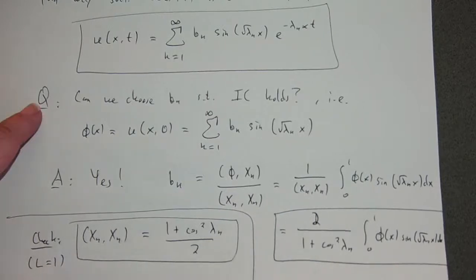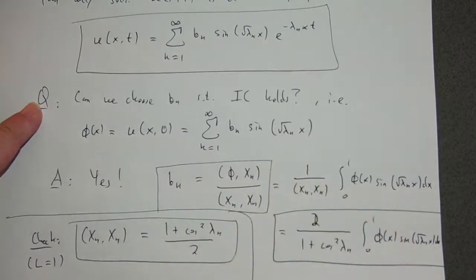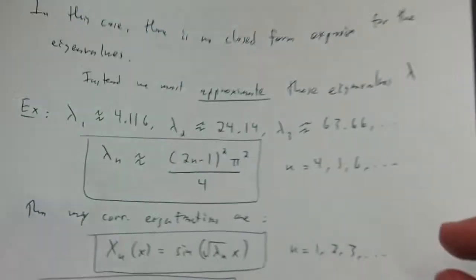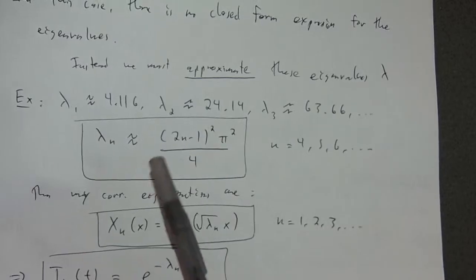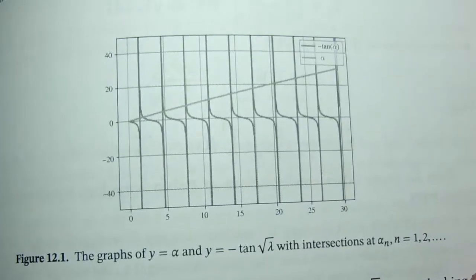But if we use this formulation of general Fourier series, the answer was still yes. And ultimately, we were still able to figure out how this thing worked. Of course, all these lambda n's here are generated by that formula that we obtained from this relation that it had to satisfy.